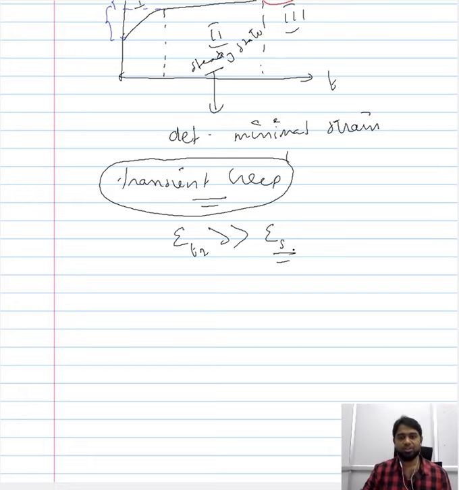So under such a condition, when you talk about the overall creep behavior of the material in terms of strain, the change in the dimension or the deformation experienced by the material is largely due to the transient creep.